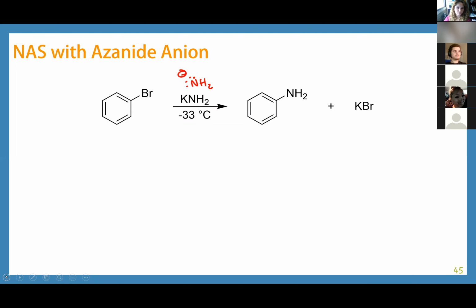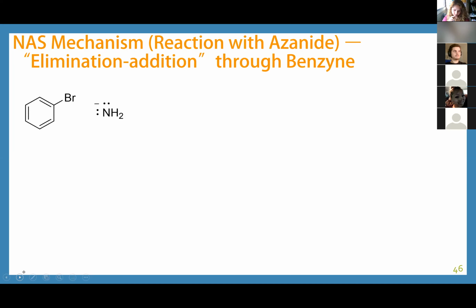Azonide is a pretty strong nucleophile. Look at this temperature that we can do this at. We actually have to cool it down to keep this from going too crazy. And you're going to end up with a direct substitution of that bromine, or at least that's how it appears. But when we look at the mechanism, it's quite a bit trickier.